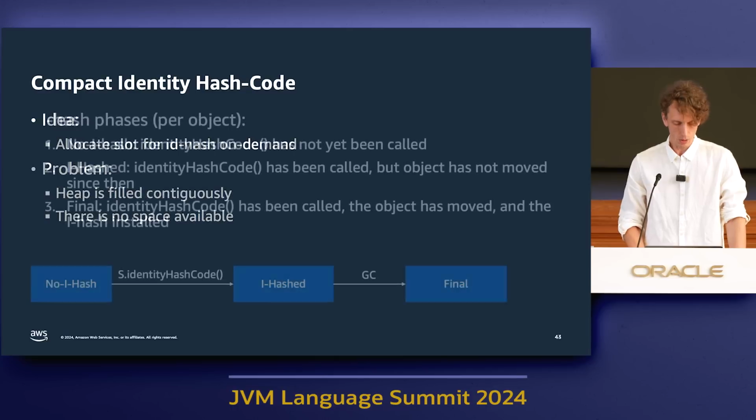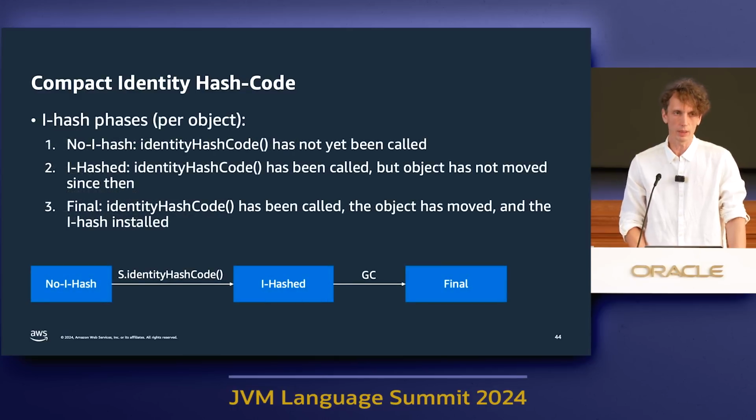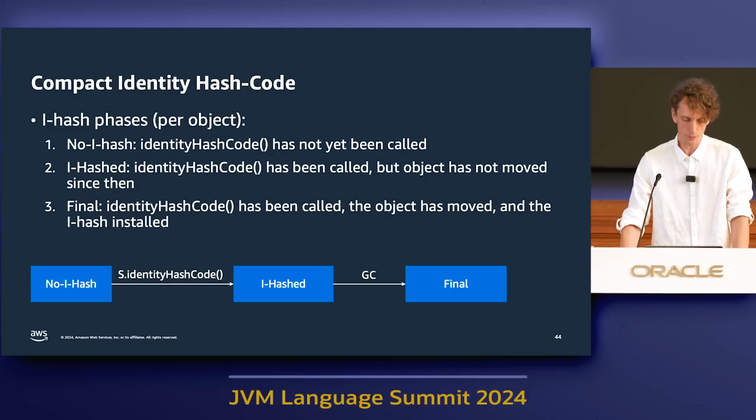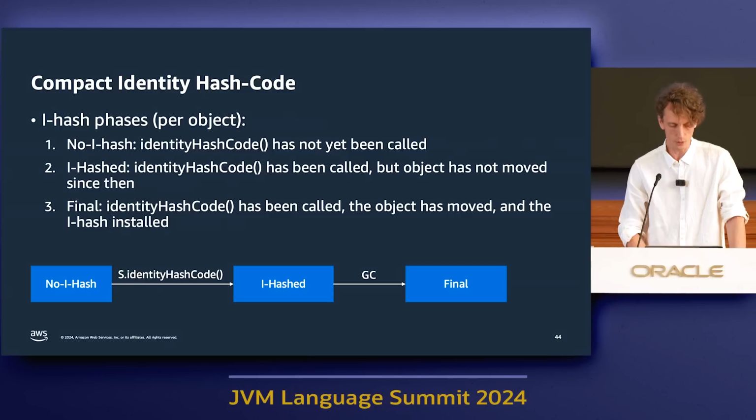So what we came up with, or actually didn't come up with ourselves, is a suggestion that we got from people who already implemented this in different VMs: the identity hash code goes through three different phases per object. The first phase is that we don't have any identity hash code. This is the default state when you allocate the object. The first call to System.identityHashCode calculates a hash code based on the object address and updates the state in the object.